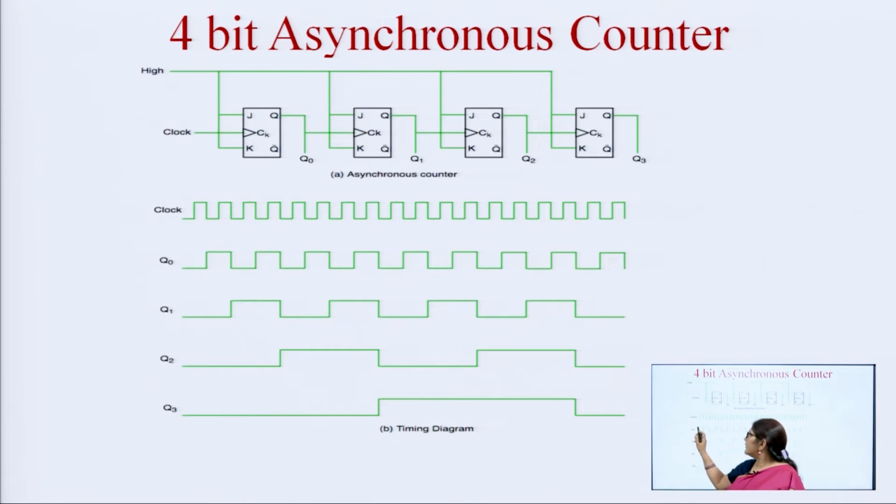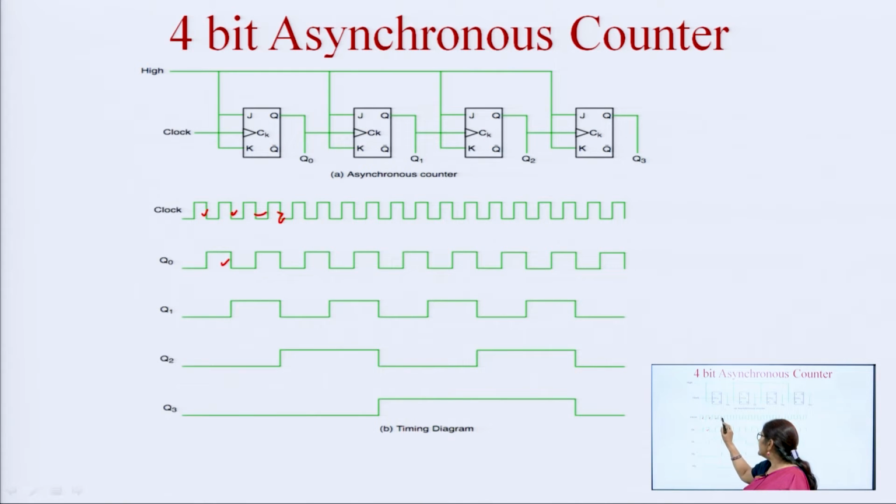Here we can see that for every two clock pulses, one Q naught pulse is generated, so the clock frequency is divided by 2, and the output of the second flip flop divides it by 4.